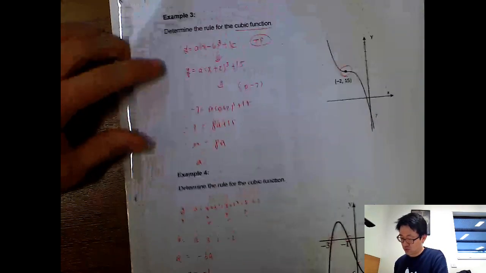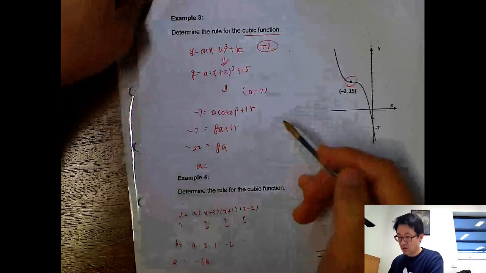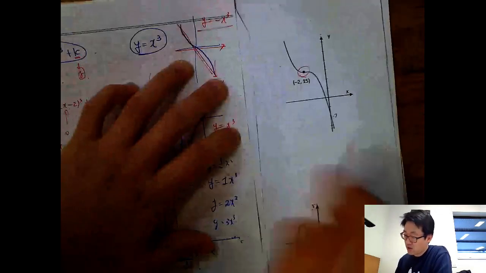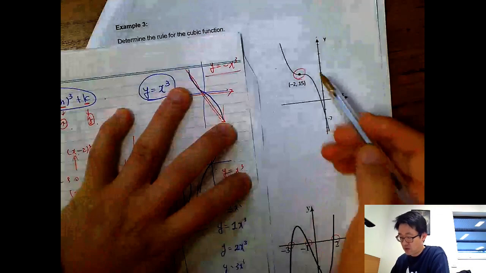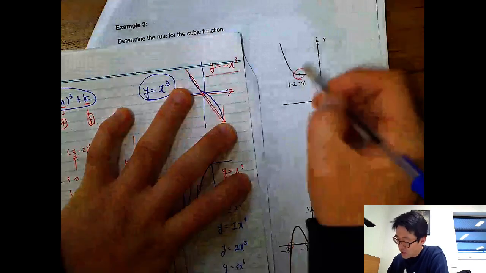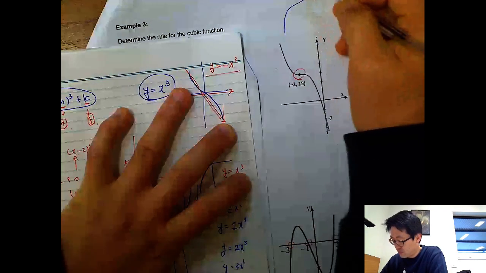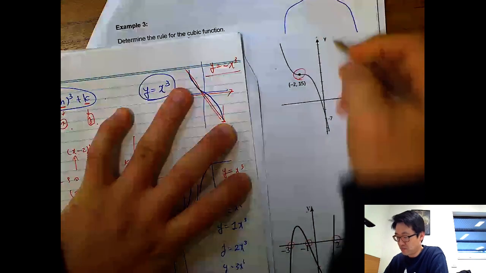And example 3 is the question. Okay, now this is a question we can use. This is type 3. How do I know? When I look at the graph, now the graph is given. That has the shape of either this or that.